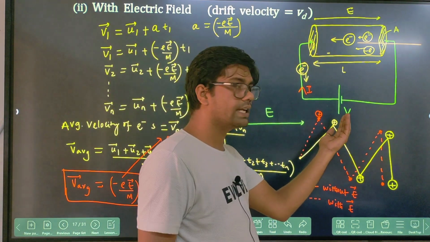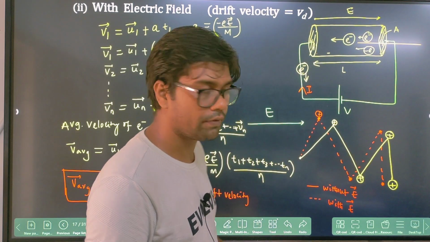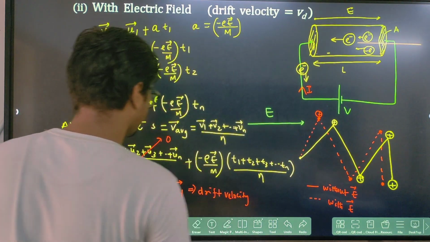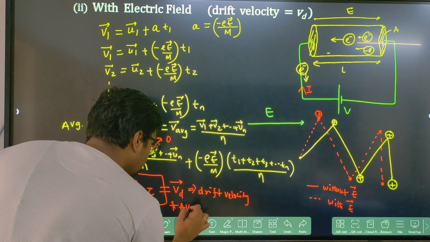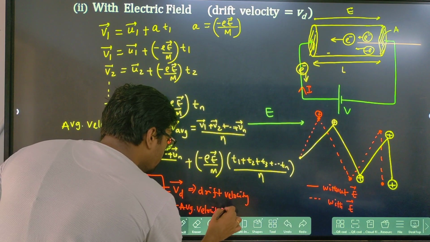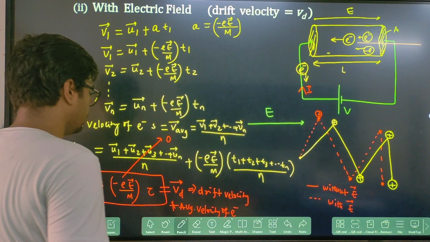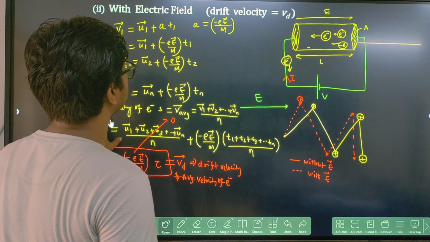Because the electron gets drifted due to the presence of the electric field, and drift velocity is defined as the average velocity of electrons.